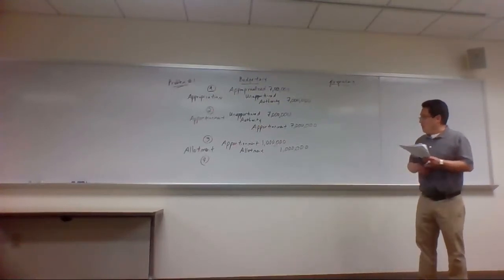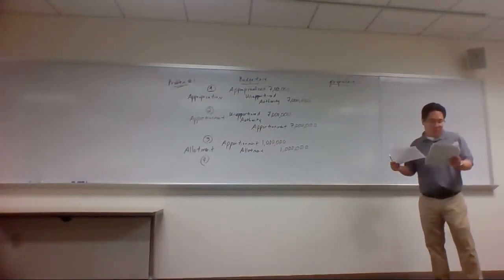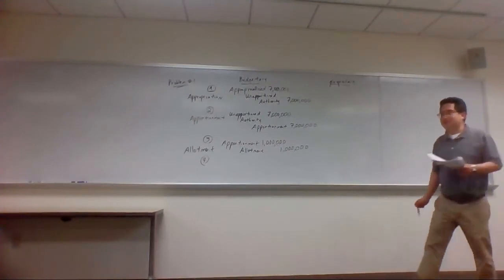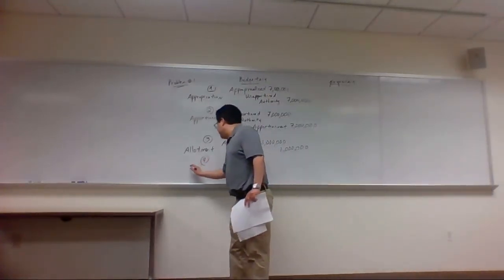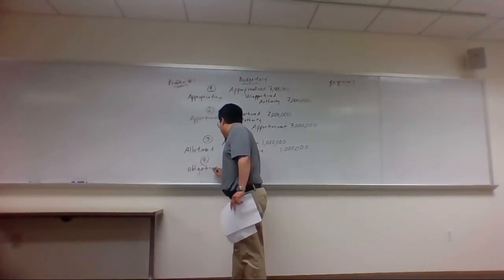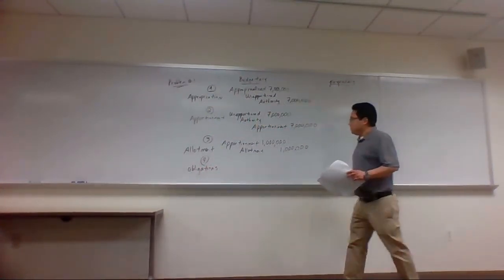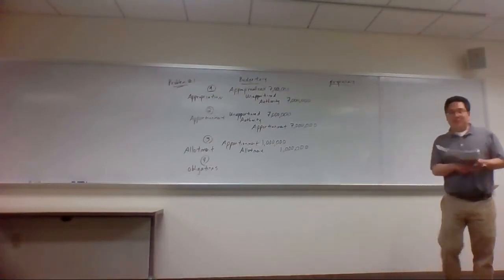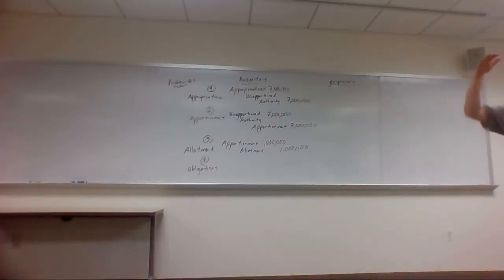So for number 4, it looks like the key word is obligation, right? So you have a lot of obligations happening here. So number 4, we have obligation. Yes, obligations. So when recording an obligation, what's the first thing that has to change? Something has to go down, something has to go up. Allotment's going to go down, right?